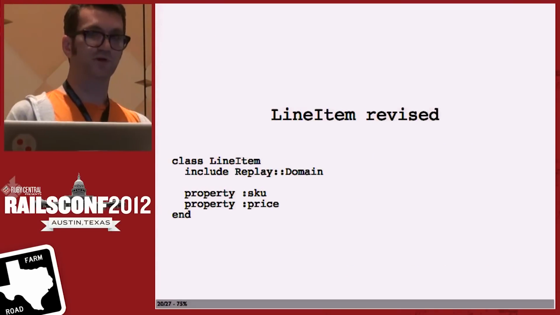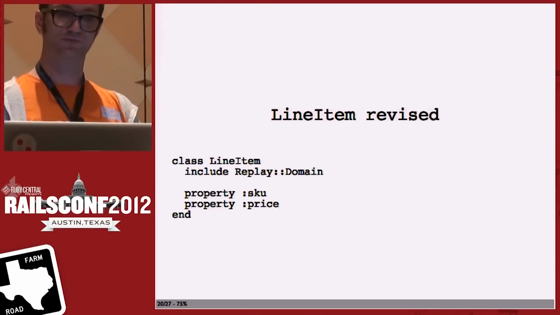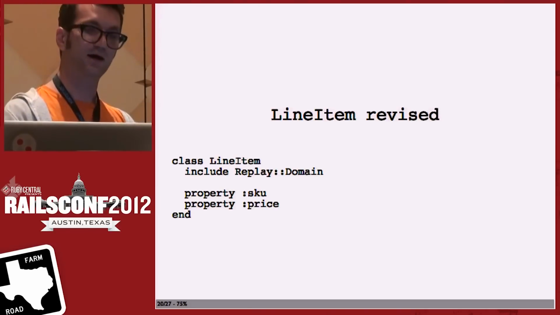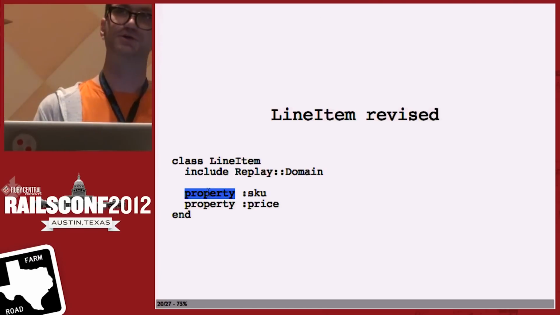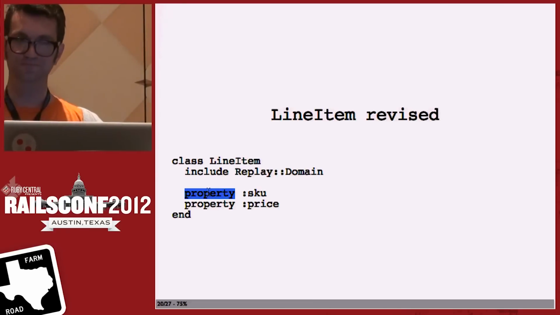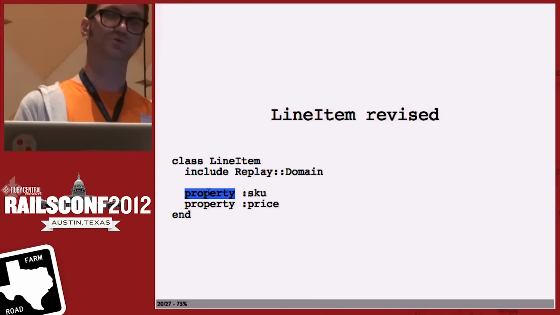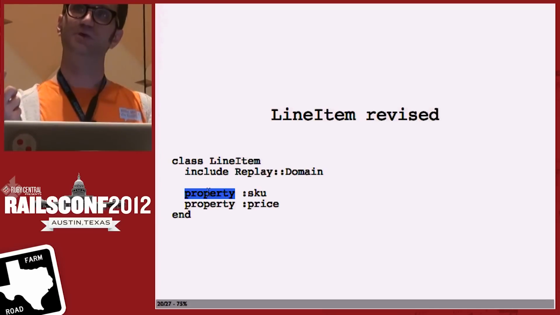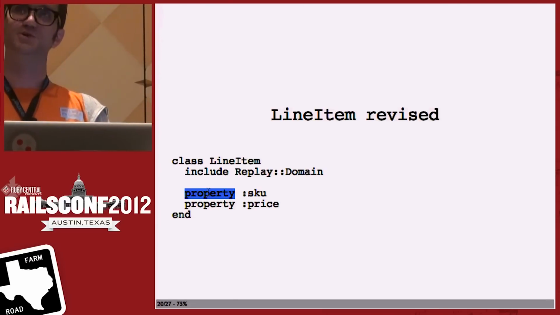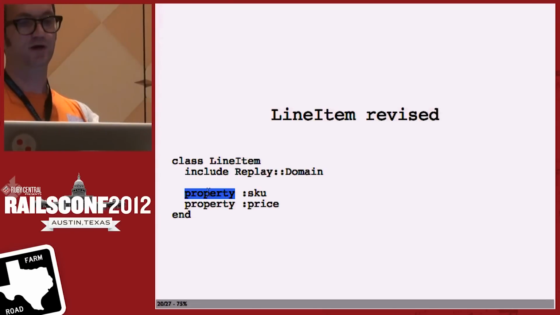So the line item is still a domain object, plain old Ruby. The difference is now we're using property instead of attr_accessor, and what that does is allow you to use each domain object as an ActiveModel object.